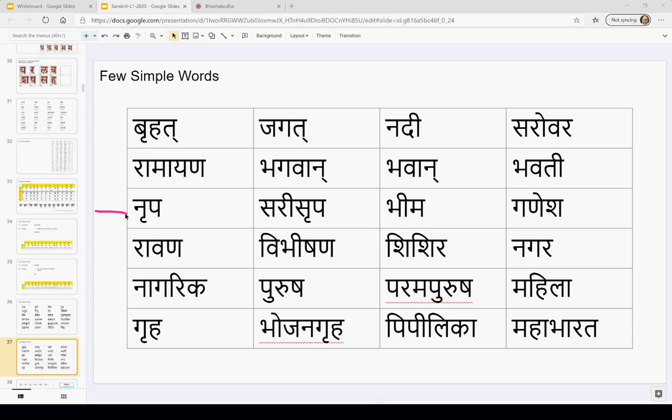Next one, we have Mangala Devi. Ravana, Vibhishana, Shishira, Nagara. Okay. Right. Dhanyavada. Veena. Nagarika, Purusha, Parama Purusha, Mahila. Yes, good.